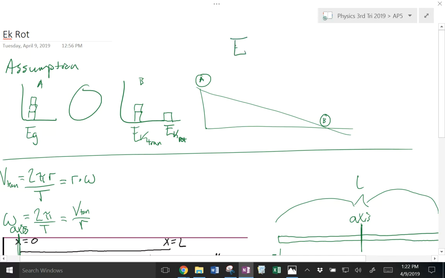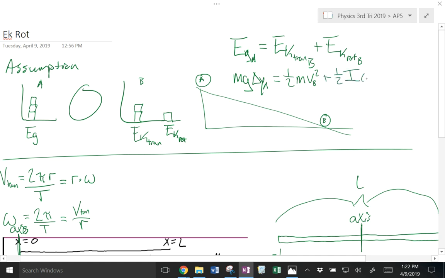So I would say EG at A, that's where the energy stored at A, is stored as EK tran at B, that's the translational part, and EK rot at B. So this is mg delta y A. This is 1/2 m vB squared plus 1/2 I omega B squared.